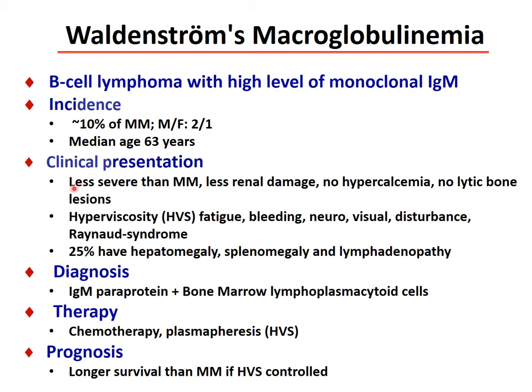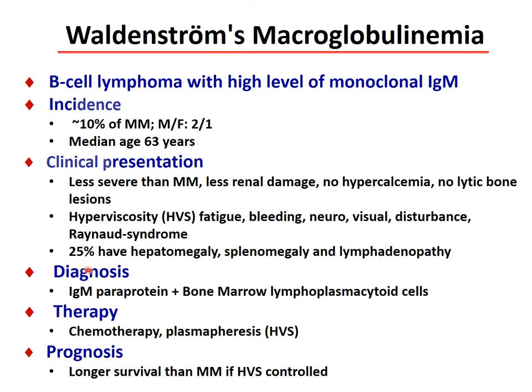Now the clinical presentation is less severe than multiple myeloma, with less renal damage, less hypercalcemia, and no lytic bone lesions can be detected. Hyperviscosity, however, is a leading sign, or bleeding as well, or neurovisual disturbance due to the hyperviscosity, or Raynaud phenomenon. Hepatosplenomegaly and lymphadenopathy can be diagnosed as well.